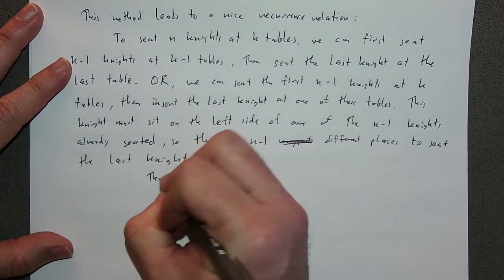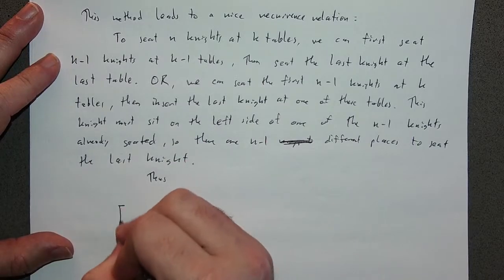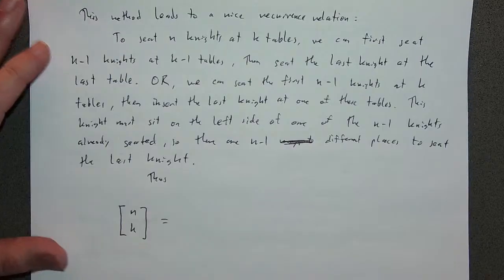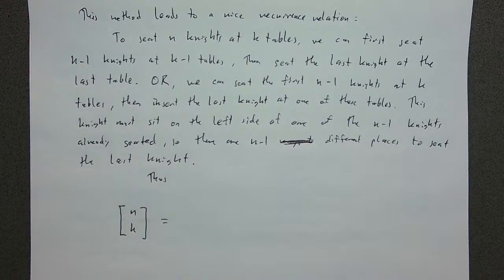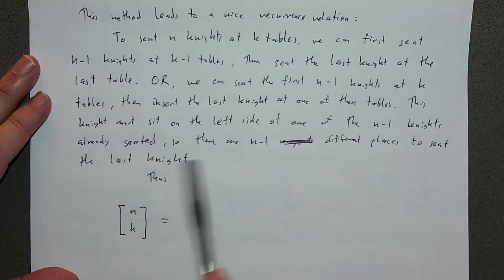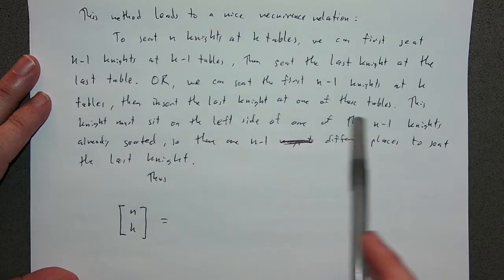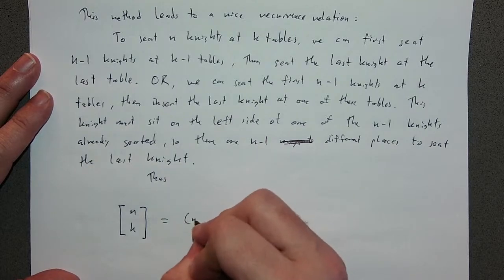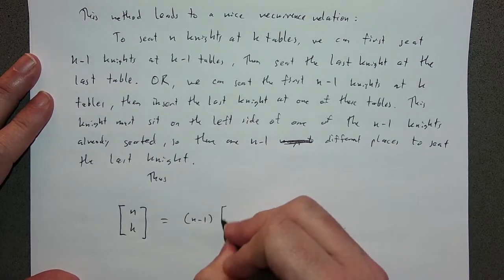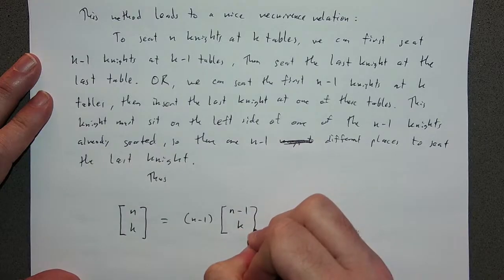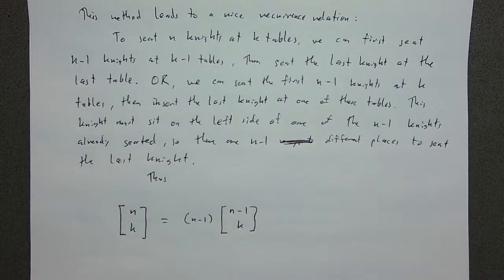Thus, what did we just say? The number of ways to seat n nights at k tables can be done by, there are n-1 different places to seat the last night after the n-1 nights have been seated at k tables, so that is n-1 ways that I could do that, times the Stirling number n-1, k, the number of ways to seat n-1 nights at k tables.